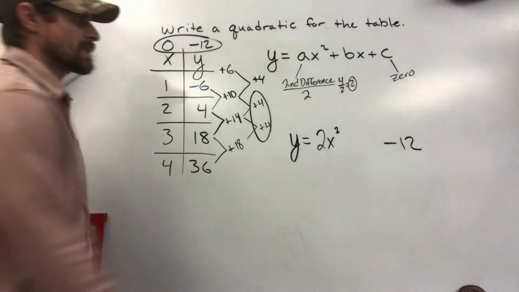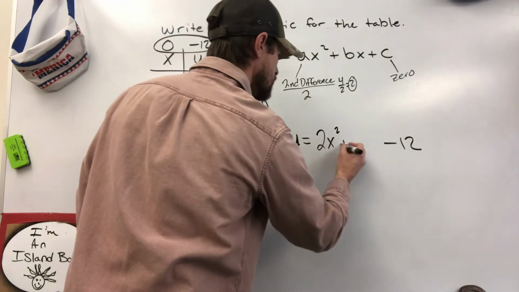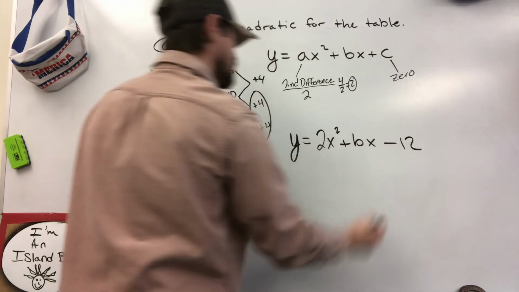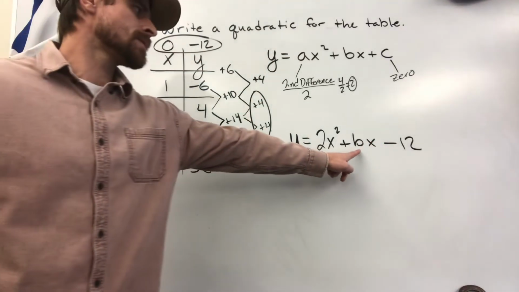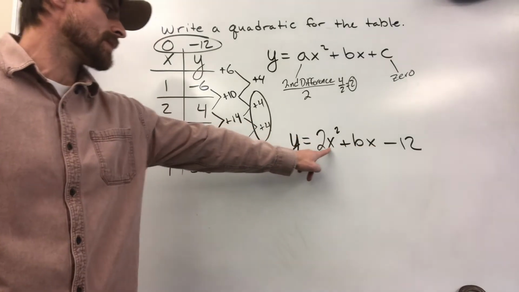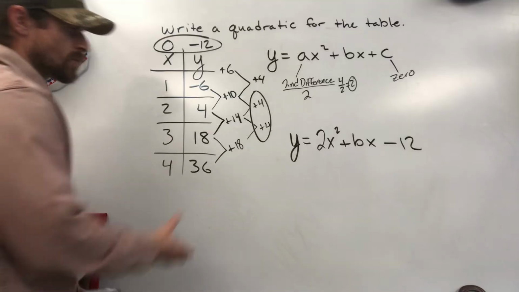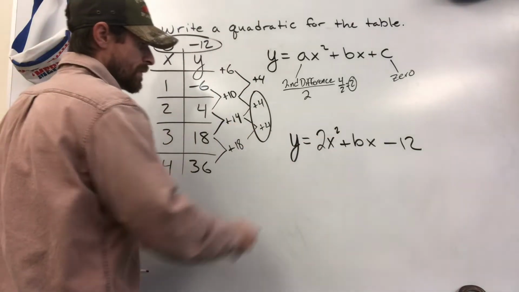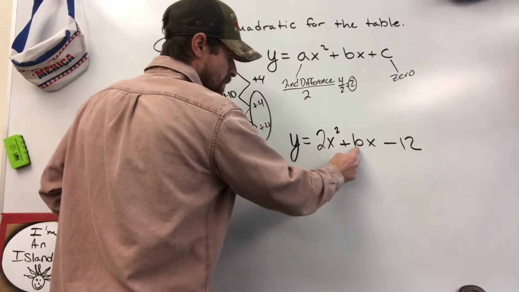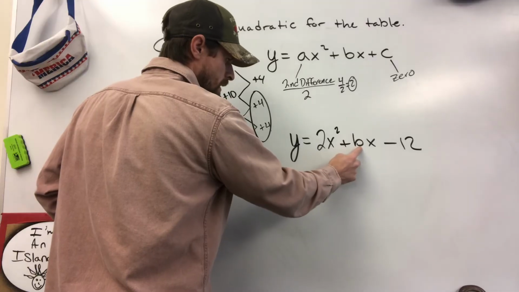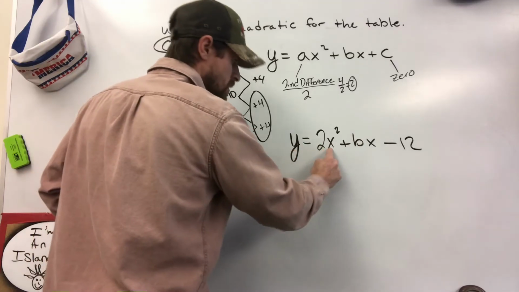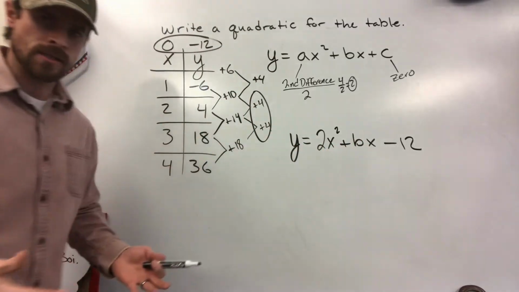Now we still have a missing term, that's our bx. But I can figure out what b is by replacing this x and this y with some other values. Now think about this, we've got this quadratic written out, we've got y's, x's, and b. We're trying to solve for b. So if I can change this to a number, this to a number, and this to a number, we can solve.